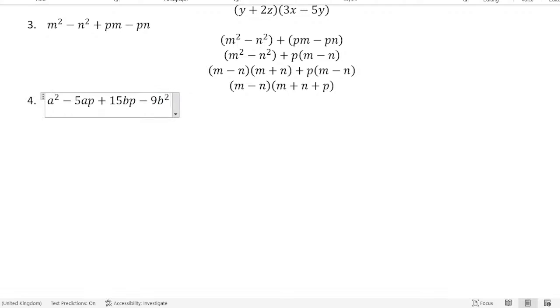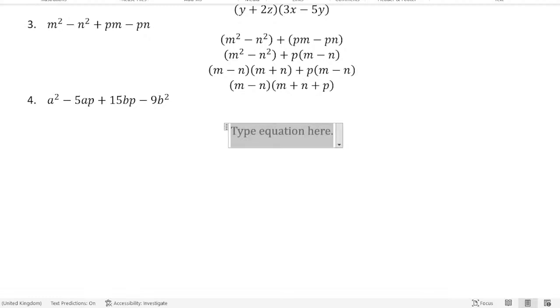Okay, factorize fully. So the first step, you need to group them together. I'm going to give you 3 minutes with this one. Just try to do it by yourself and see if you are following.